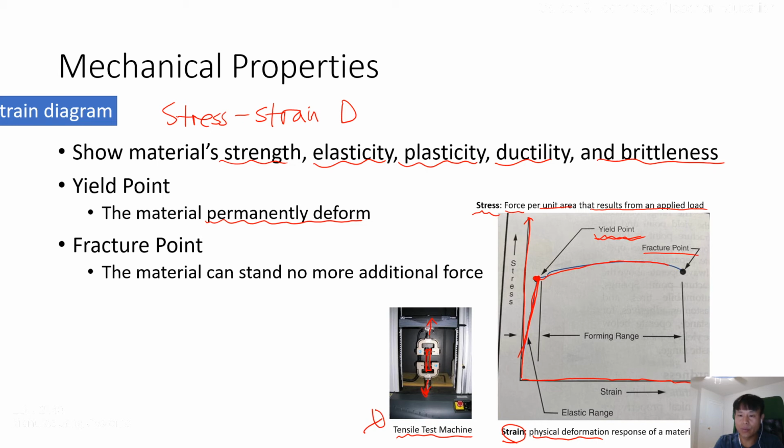But after the yield point, the material cannot come back to its original shape, right? So when you use a material, we should not use force over the yield point. That permanently changes the object, could change its internal structure, and can be a defect of the material, right? So this is the stress strain diagram.